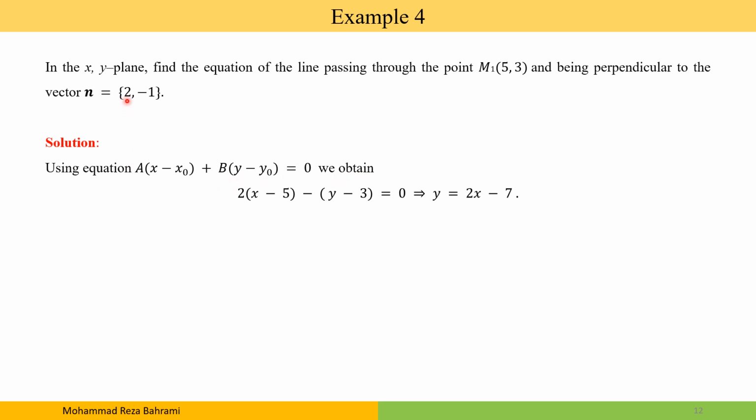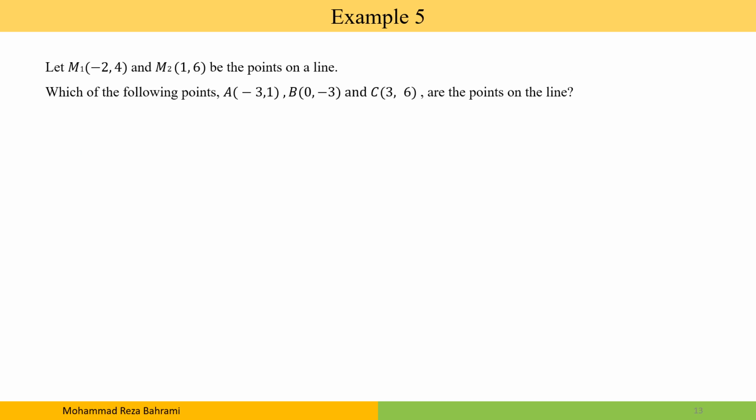Simply here we have a, b, and we have x0 and y0. We substitute them in this equation, and we can find the equation of the line, which is y equals 2x minus 7.